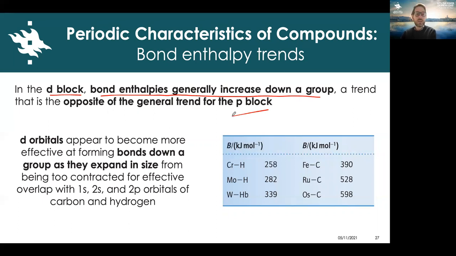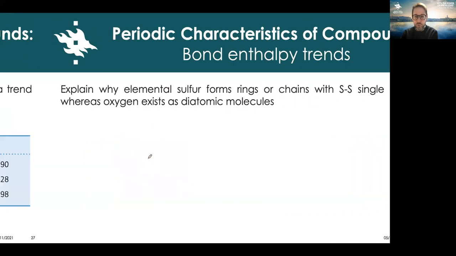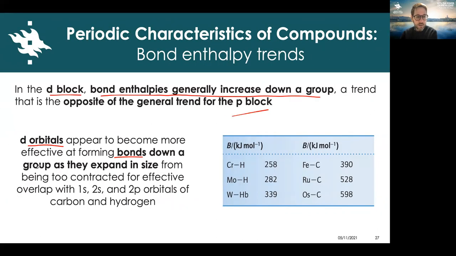And this is because in the D block, we have the D orbitals. And the D orbitals are very unique because they become more effective at forming bonds as we go down the group and as they expand in size.